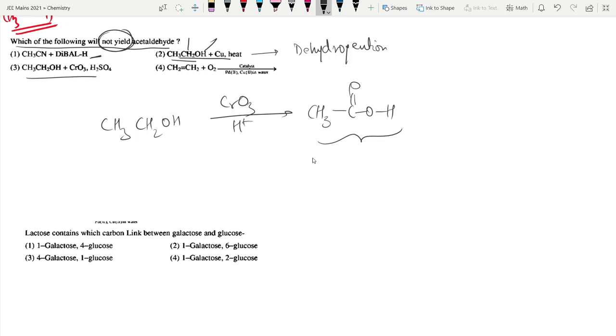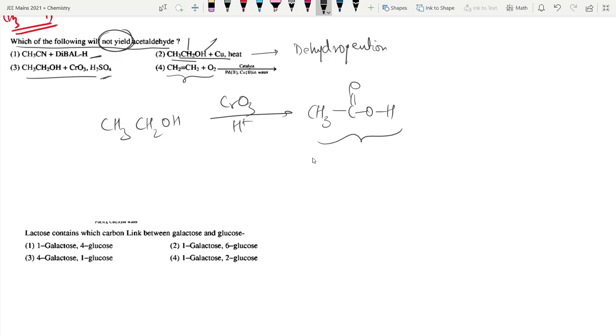It's not that powerful, but I think it's still powerful enough that it can give acid. So if PCC was used, then we could have got aldehyde. So I think this will not give.